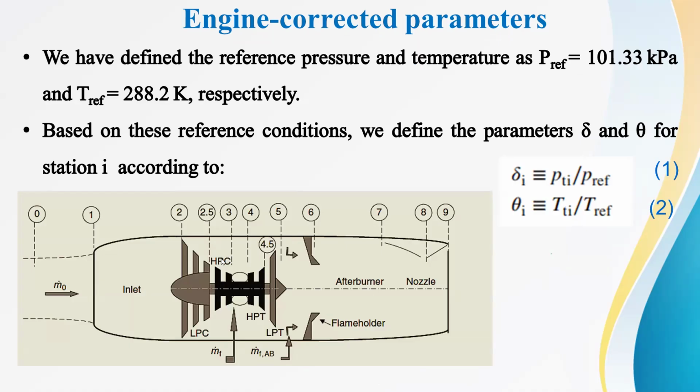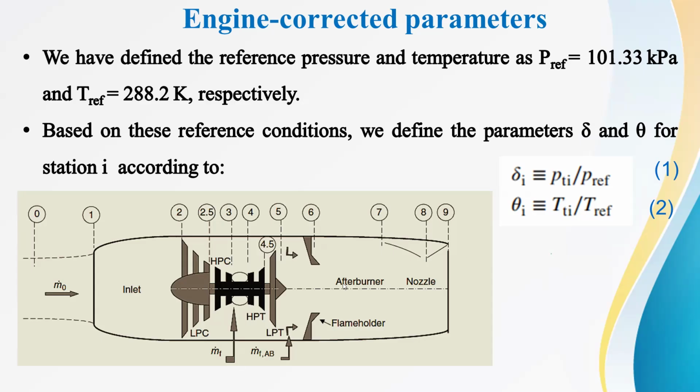To analyze the engine corrected parameters, we have to observe this figure. We already saw this figure in chapter 2, where we developed the engine thrust equation. On it, we have the free stream condition 0, then the inlet condition at 1, and finally the exit condition at 9.